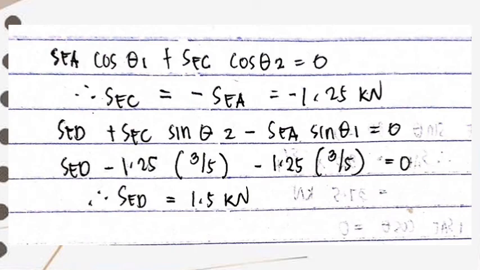So SED minus 1.25 times sin theta 2, which is 3/5, minus the SEA, which is 1.25 times sin theta 1, 3 over 5, is equal to 0. So therefore our SED is equal to 1.5 kN.